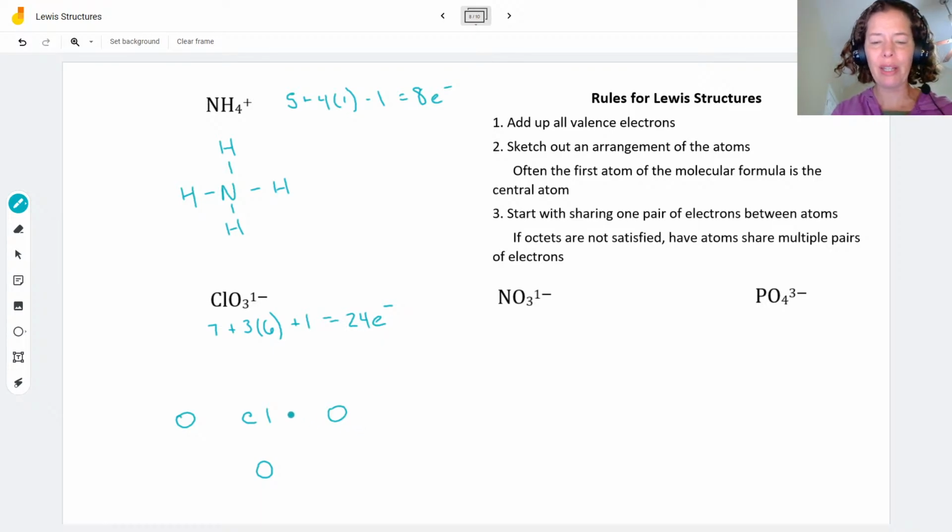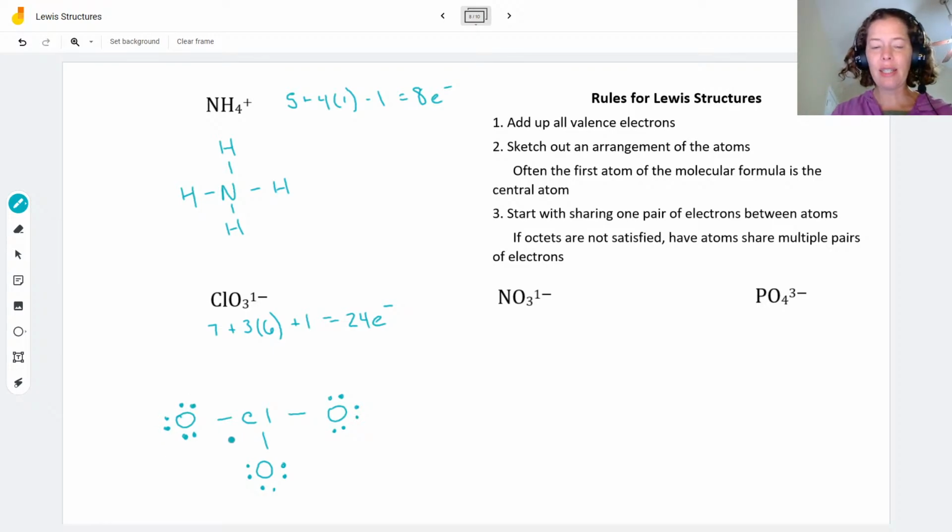I'm going to start with single bonds. 2, 4, 6, and now I'm just going to add electrons in until I've used up 24. So this is 2, 4, 6, 8, 10, 12, 14, 16, 18, 20, 22, 24. Okay, so that's all I got.